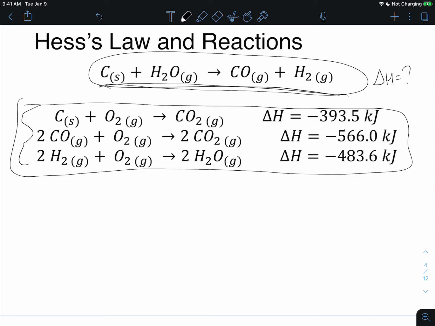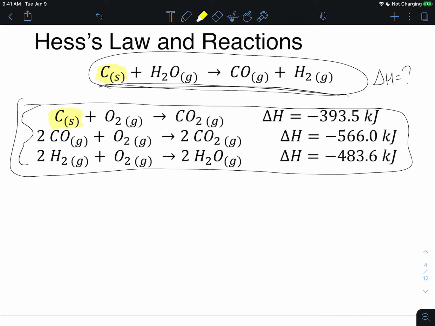Now, when I solve Hess's law problems, I find it's best to look at what I need and what reactions I can get it from. So we're going to start out with our carbon solid. This first reaction has carbon solid. In our desired reaction, we have carbon solid as a reactant, and in our series of reactions, we have carbon solid as a reactant.